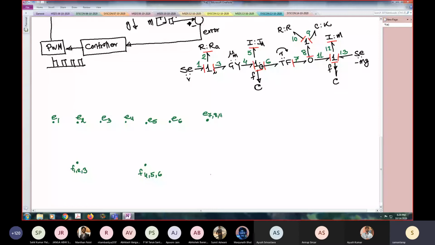Flows are different. So flow 7, flow 8 and flow 11 will be different. So you put a node: flow 7, flow 11.